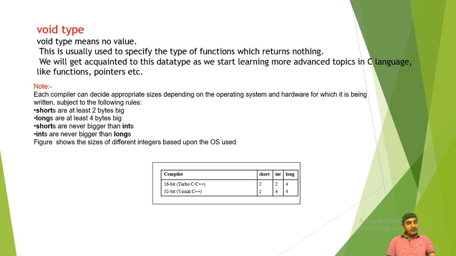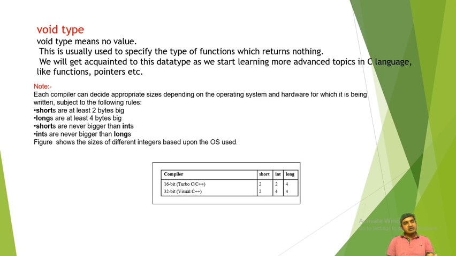The figure shows the size of different integers based upon the operating system used. First, if we consider a 16-bit compiler, Turbo C or C++, short is 2 bytes, integer is 2 bytes, and long is 4 bytes.